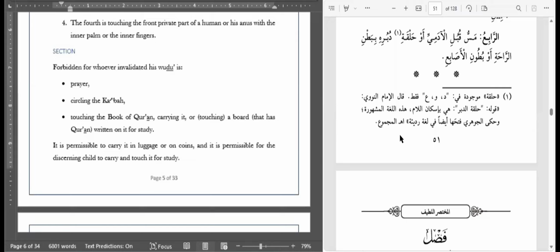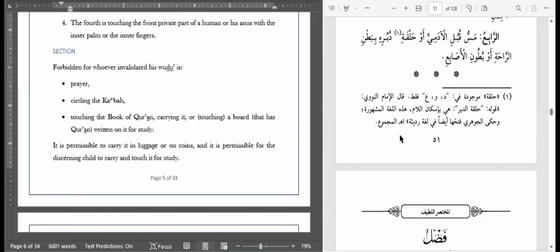Then why say it this way, the front private part or the anus? Because Imam Ash-Shafi'i has two sayings. His old saying, his first saying is that touching the anus does not break the wudu. Then he changed his ijtihad and he saw that the anus is a private part. So he said it has the same judgment as the front private part.